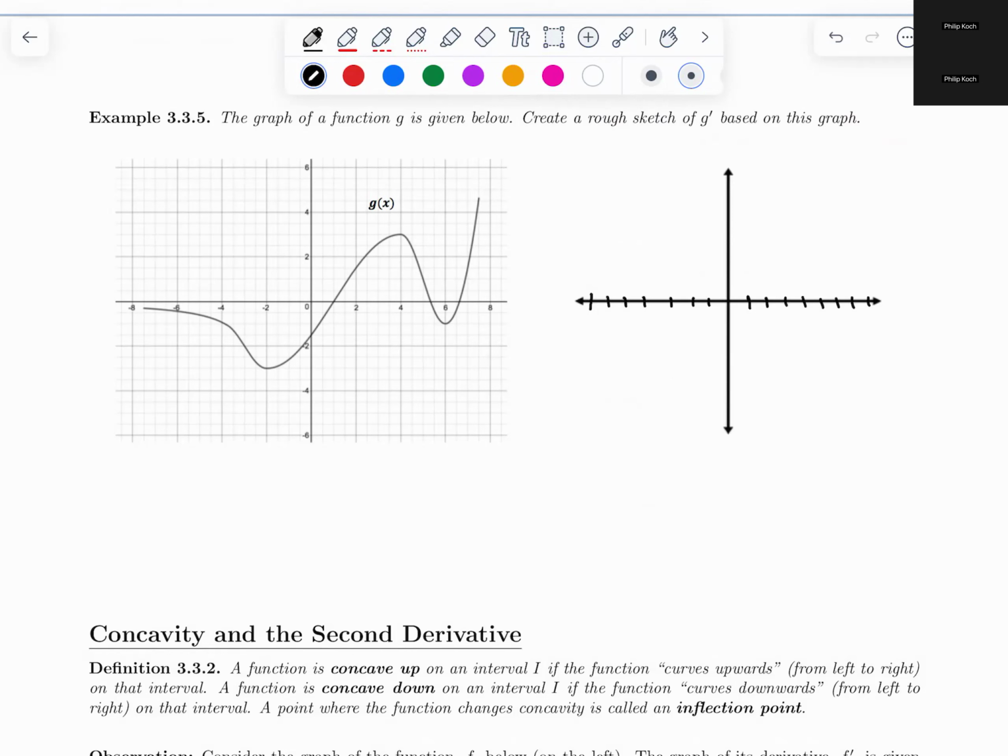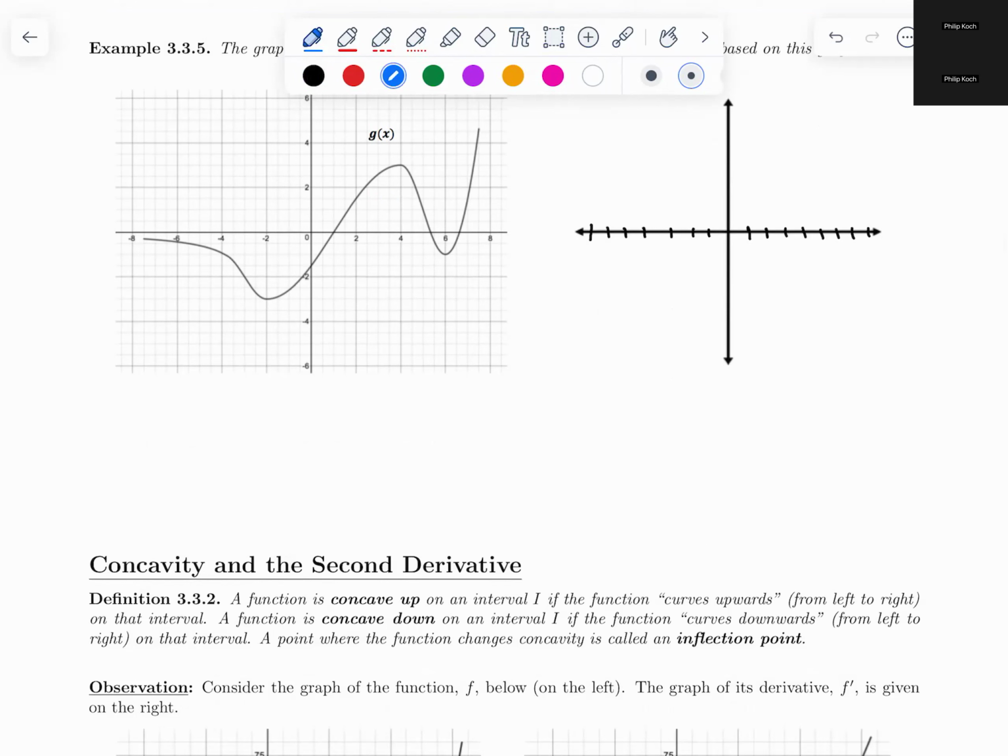And so here's the first thing. Step 1. Because I need to find the graph of g prime. Now, what I can tell you is I can find the zeros of g prime. How would I be able to find the zeros of g prime? Remember, you can think of the derivative as a slope of a tangent line, right?